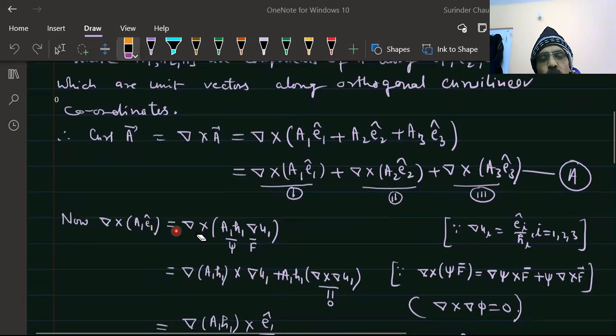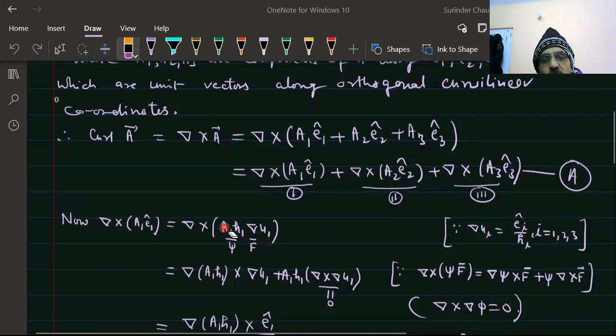We have converted the tangential vector to the curve into a normal vector to the surface u1.